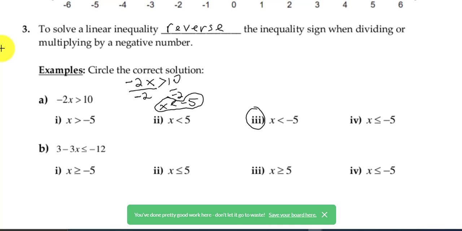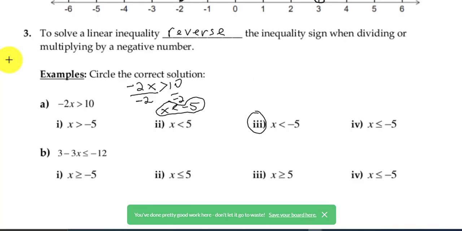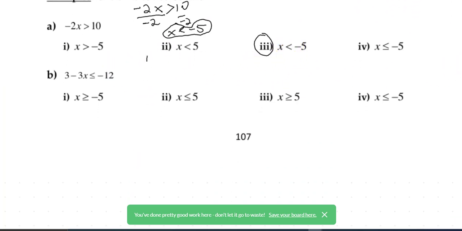Right. For letter B, let's see what we have here. Here's my hand tool. Okay, so for letter B, I'm going to rewrite it over here. So we have 3 minus 3x is less than or equal to negative 12. So I'm going to subtract 3 from both sides.